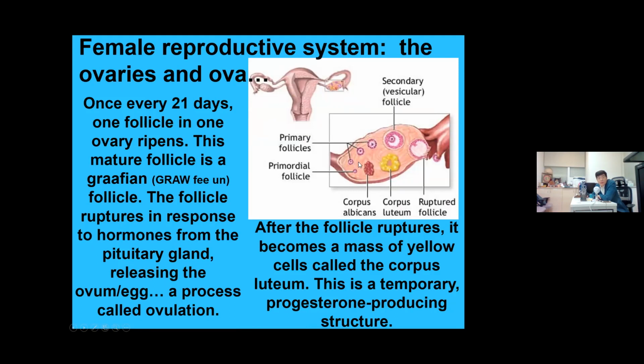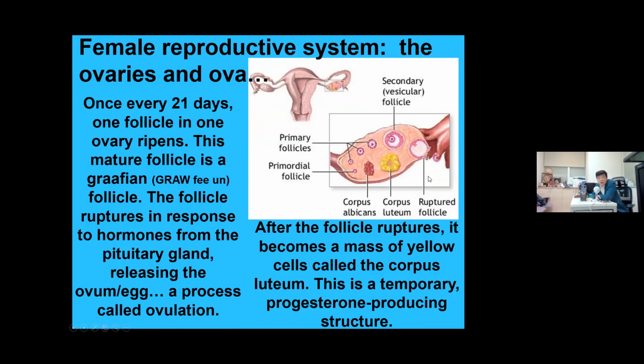The ovary has a primordial follicle, then it becomes a primary follicle. Then it grows to become a secondary follicle. Then the follicle has a mature ovum. Then it ruptures; rupture we call ovulation.